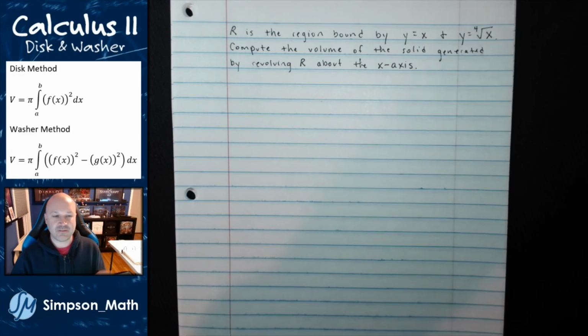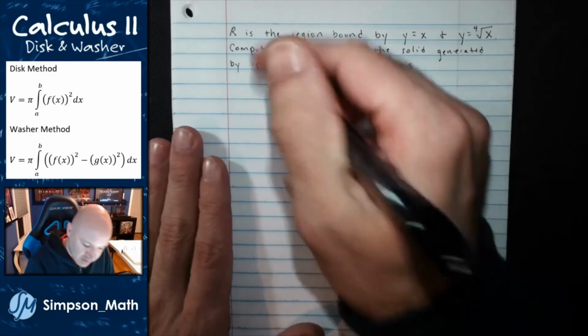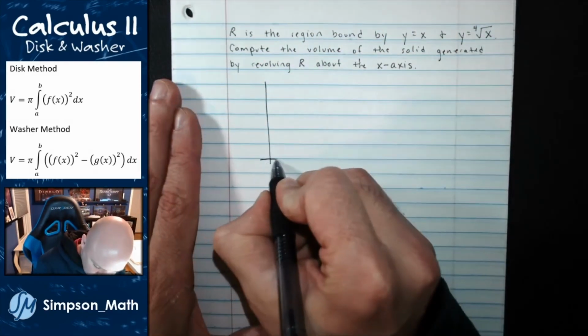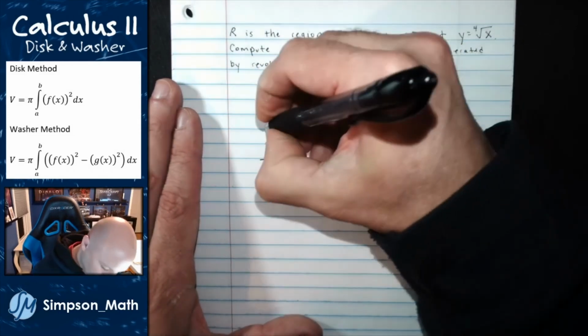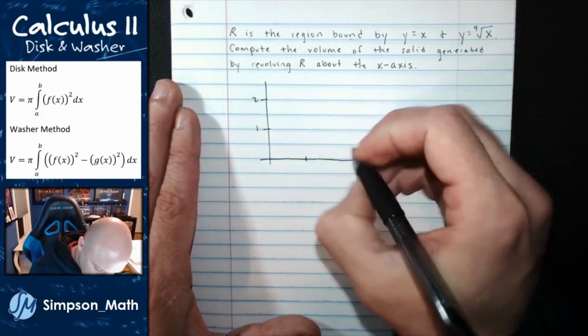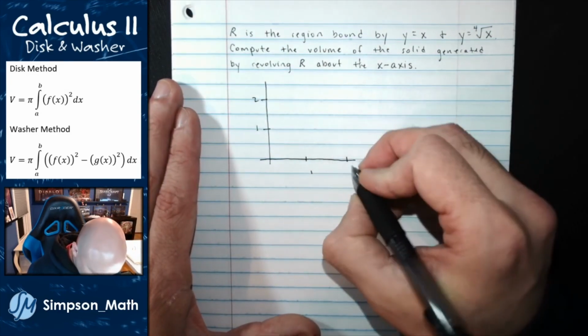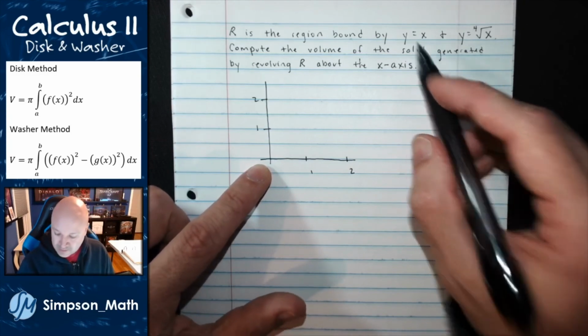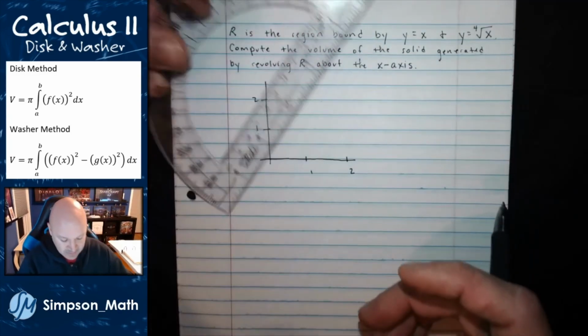Fourth root of x is a very tiny graph, so let me try to zoom in again. I know the parent linear function, that's easy to do.